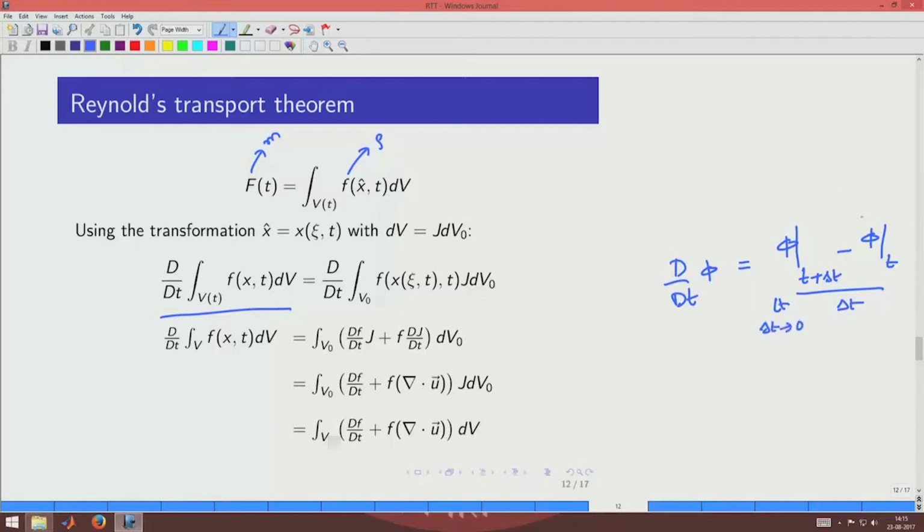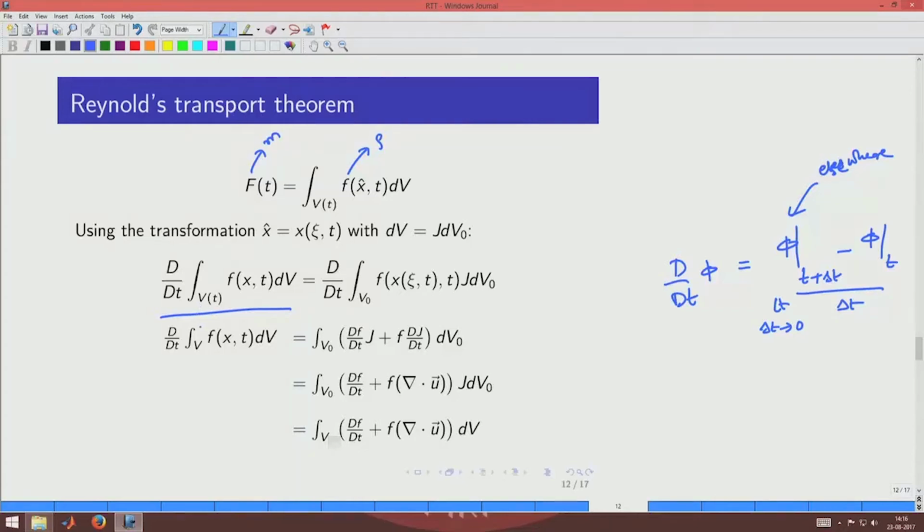Which means that if at t plus delta t it is elsewhere, then you have a problem, you cannot differentiate straight away. For us to do this differentiation, we need to ensure that the integral is actually over the same control volume of the same volume.